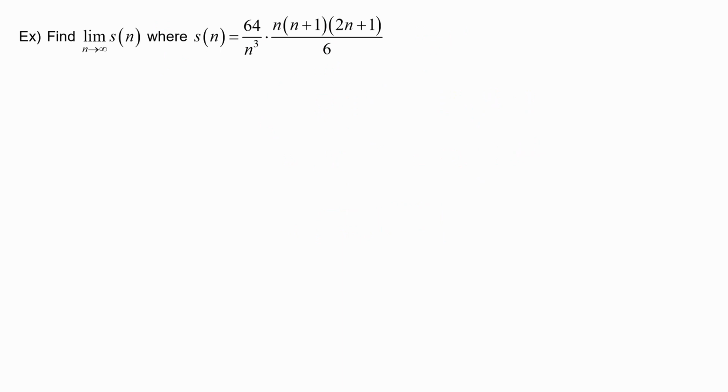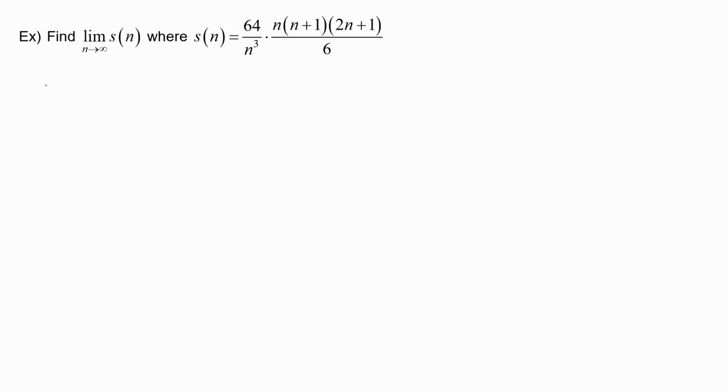Now we're ready to try an example that involves some calculus. Here we have to find the limit as n goes to infinity of s of n, where s of n is given to us to be this expression.